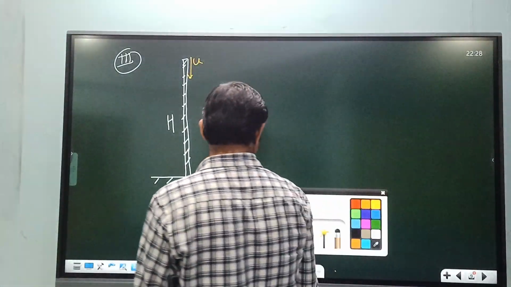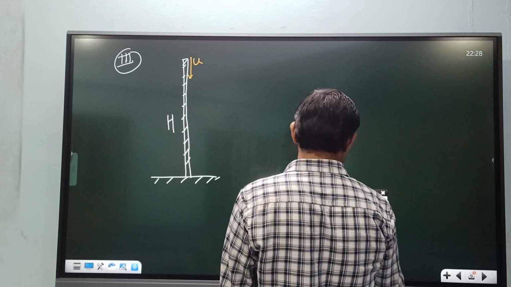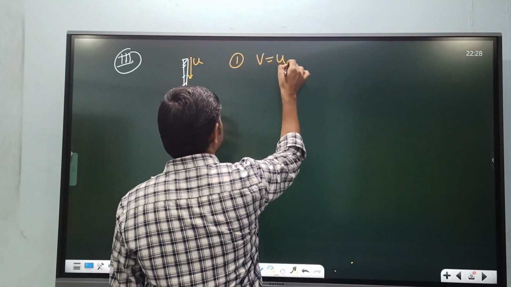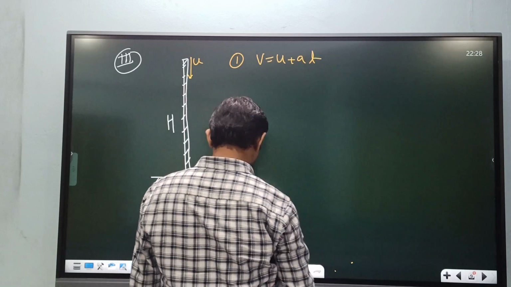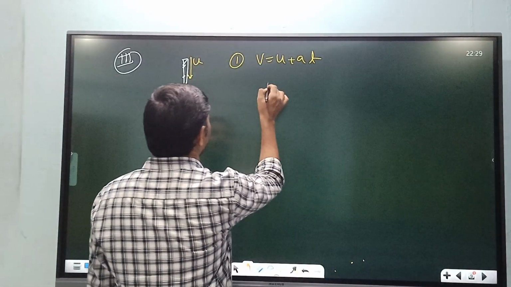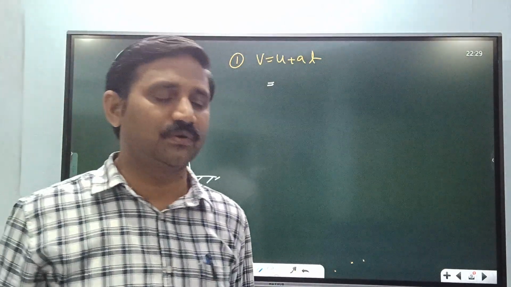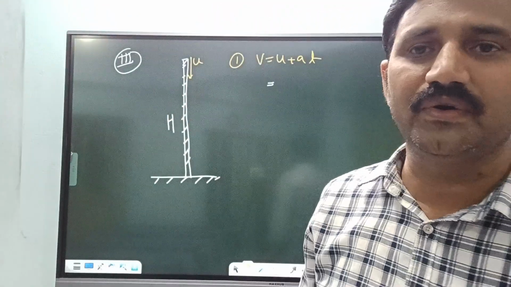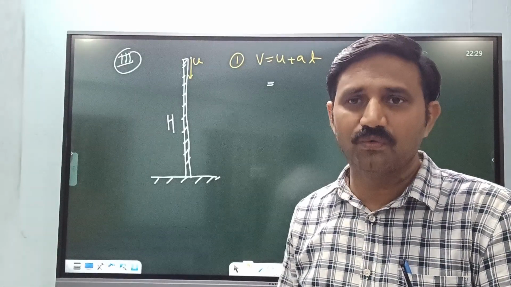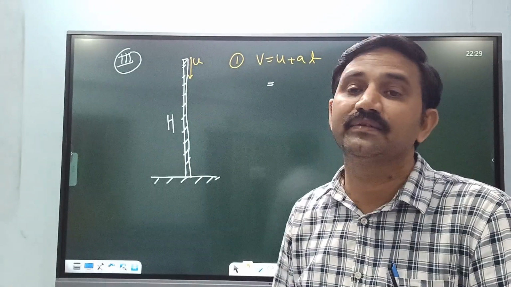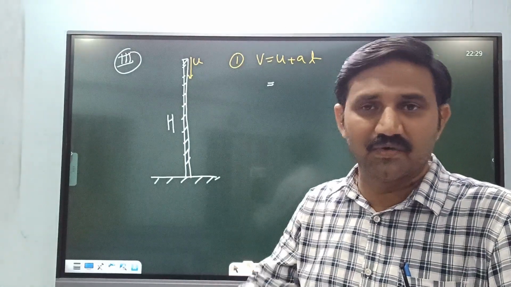Now in this case, how do our equations change? What is the first equation? v is equal to u plus at. Here in this case, u is not 0. Velocity is a vector quantity, and the velocity is in the downward direction.